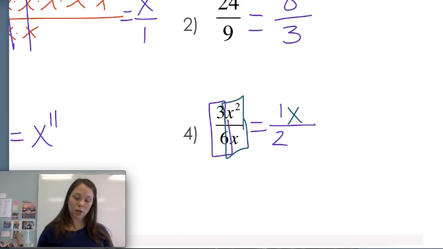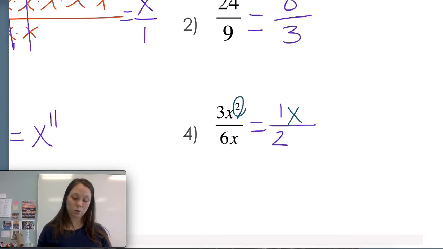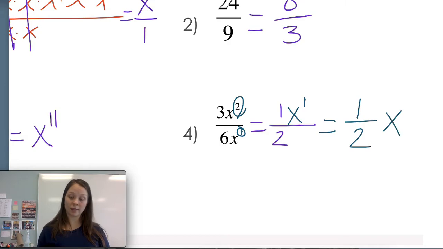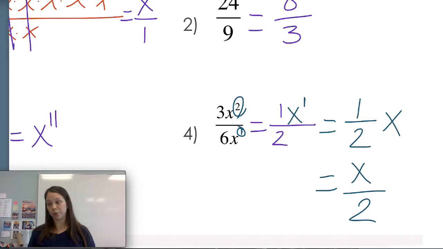You could also approach it as x squared divided by x, and if you subtract those exponents, you'd be left with x to the power of 1 in the numerator. So you could write this as 1/2 x, or 1x over 2, or just x over 2.